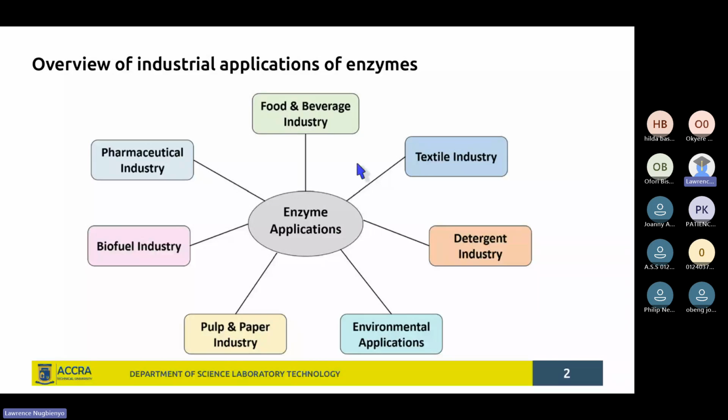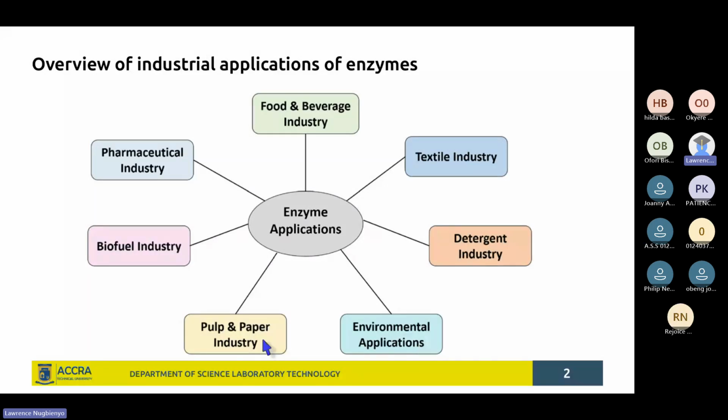The detergent industry, environmental applications, in the pulp and paper industry, you'll find applications of enzymes. Biofuel industry, you'll find applications of enzymes there. And I think pharmaceutical industry, we very much covered a lot of applications of enzymes there.